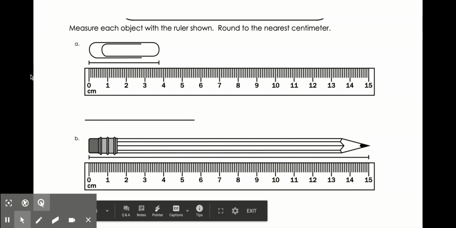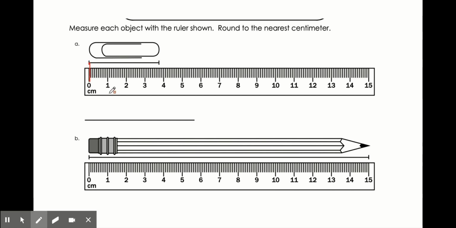Okay, let's take a look at A, which is a paper clip. Notice how already we have a start point at 0 centimeters. Remember, when we're measuring, we always start at 0. We have an end point here. Ooh, it doesn't quite make it to 4.